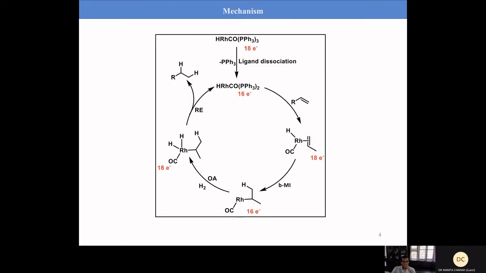Okay, so what we are discussing is that this 18 electron to 16 electron species formation can happen in many different ways. In this case, a simple triphenylphosphine can be lost, or they are always in equilibrium, so there is an opportunity to lose the triphenylphosphine. Otherwise, photodissociation for CO, or if it is a halide ligand that has to be lost, silver can be added.